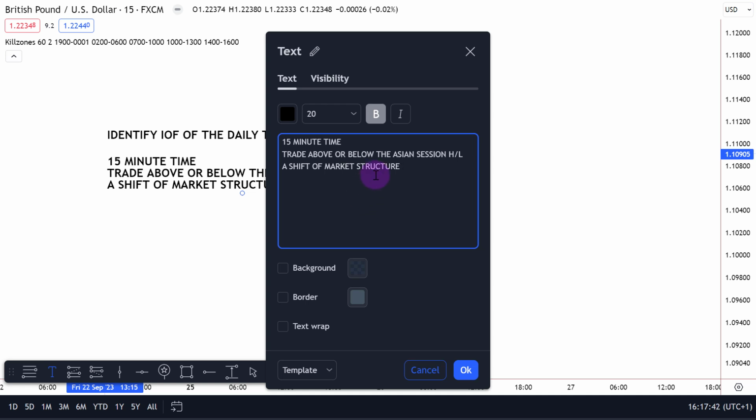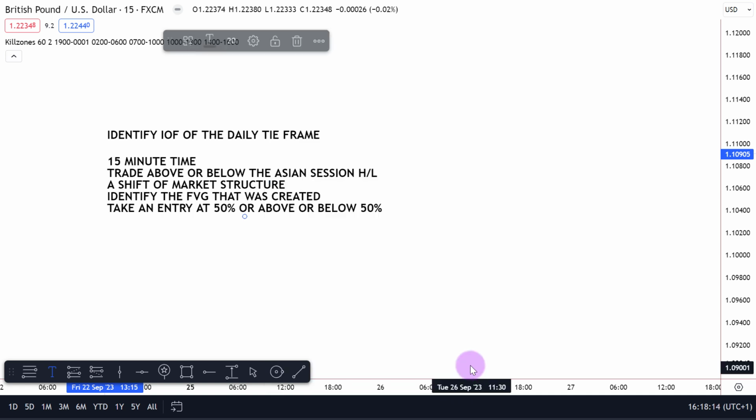Then we need to identify the fair value gap that was formed, that was created, and we take an entry at 50% of the range, which is equilibrium, or above or below 50% of that range. That's what we are looking for. You see, we already have what we are looking for.